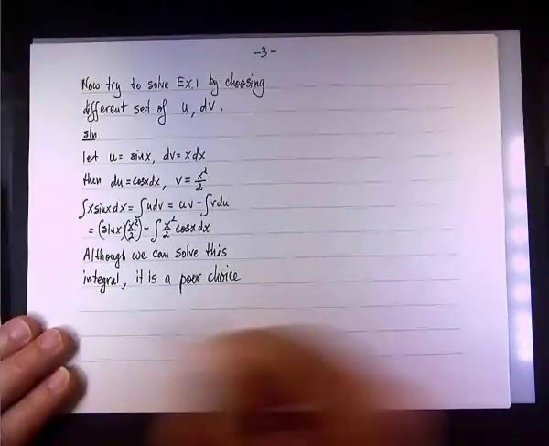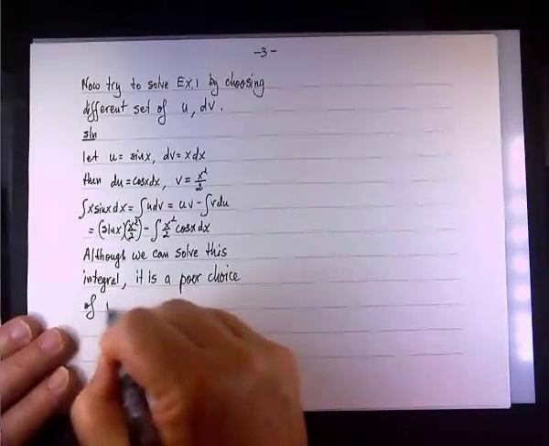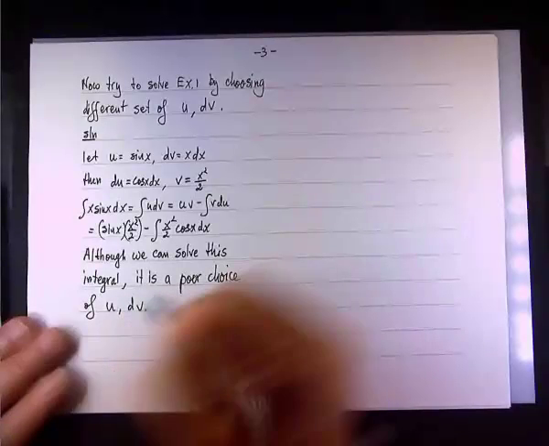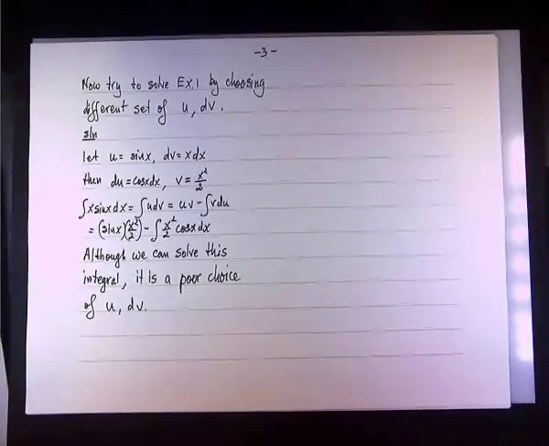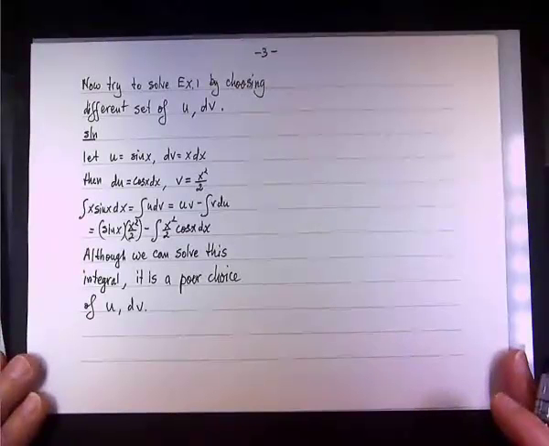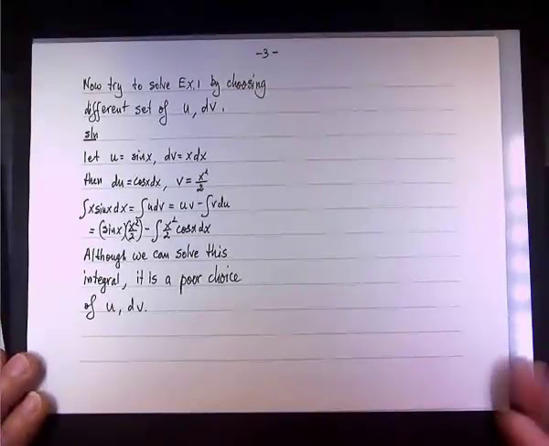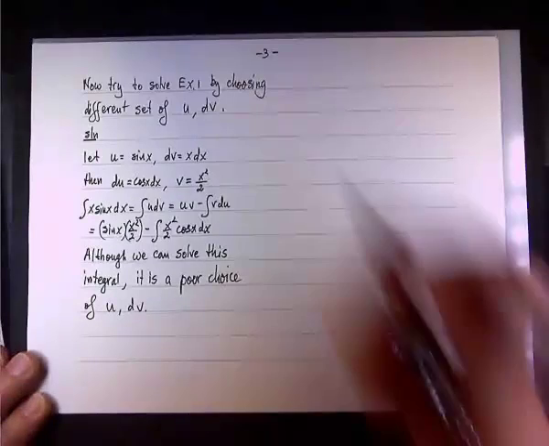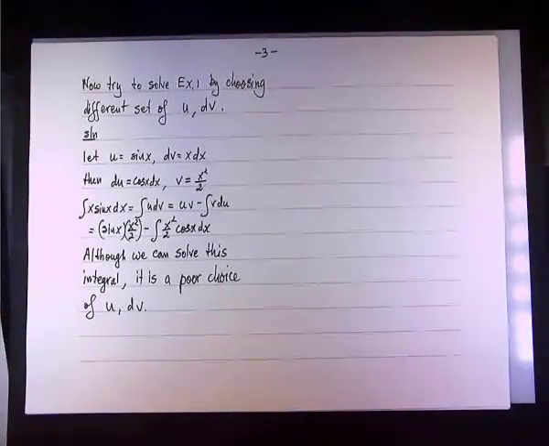I can say it's a poor choice. I'm not offending anybody because I suggested that choice of u dv. All right, so the conclusion is really that you need to be a little bit smarter, a little bit careful about the choice of u dv. So let's move on to the next example.